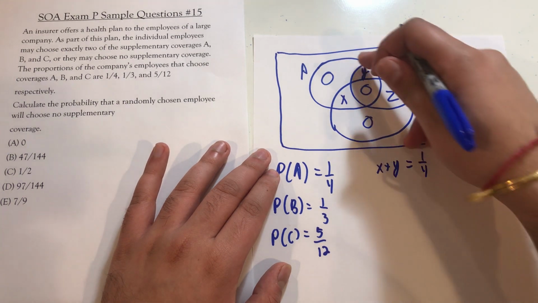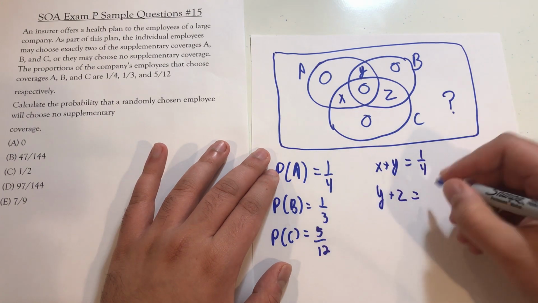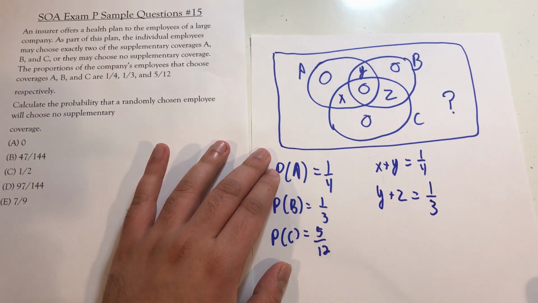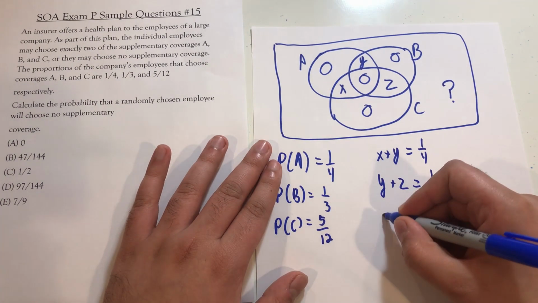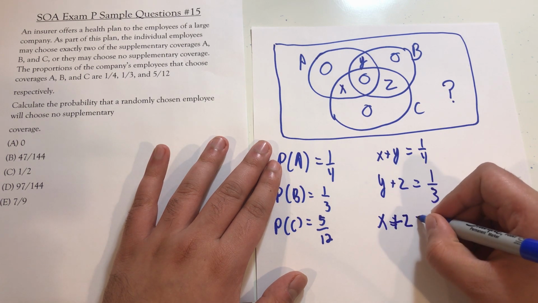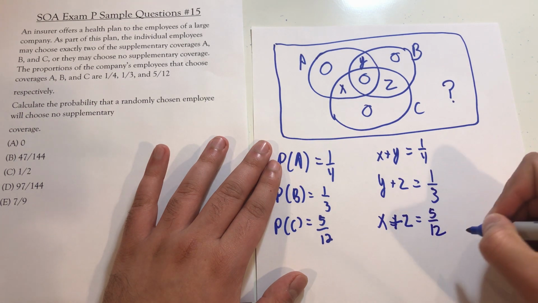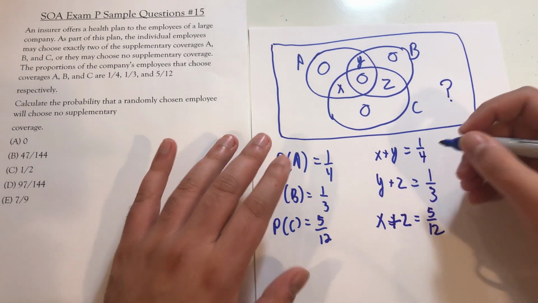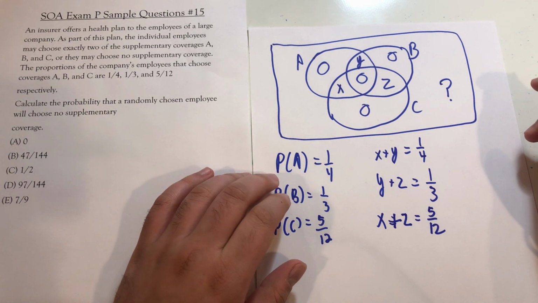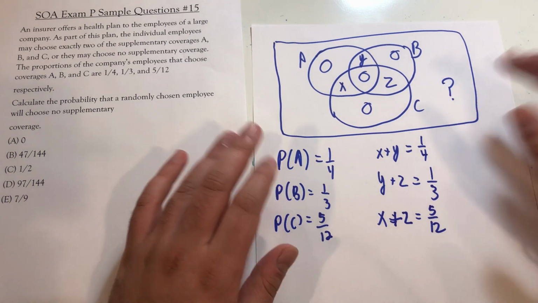And then a similar argument, Y plus Z equals 1/3, because that's the total amount of people that fall into coverage B. And then X plus Z equals 5/12. Now, hopefully after writing that, this question just becomes insanely easy. This is a system of linear equations that you would have seen in 8th grade, right? Not a hard problem at all.